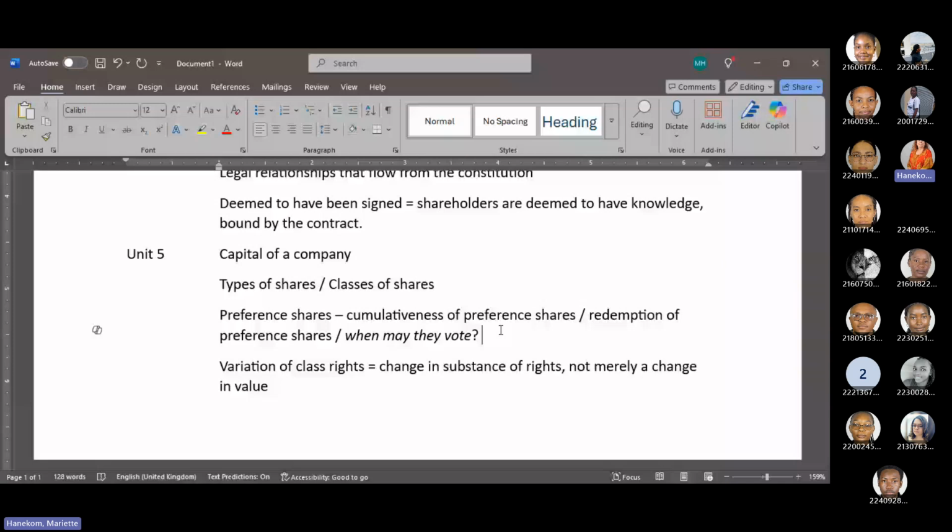An example of this is the whole issue of when preference shares may vote. When is there a variation of class rights becomes relevant in the application of unit 8. So I cannot assess unit 8 without also assessing your knowledge of unit 5. You need to know when class rights are varied. What is a variation of class rights?